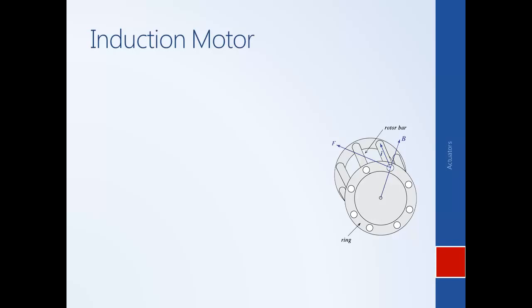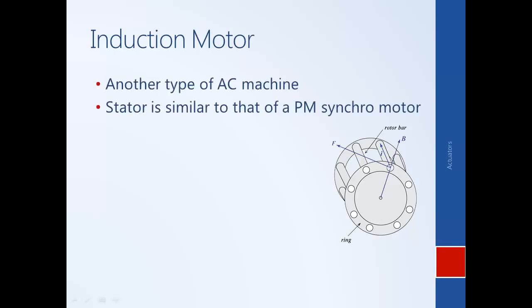Another type of AC machine is called an induction motor. An induction motor has a similar stator where the armature is stationary on the outside of the motor, three-phase, but the rotor itself is different. So in a PM synchronous machine, the rotor is a permanent magnet, but in an induction motor, the rotor has this sort of form, sometimes called a squirrel cage.